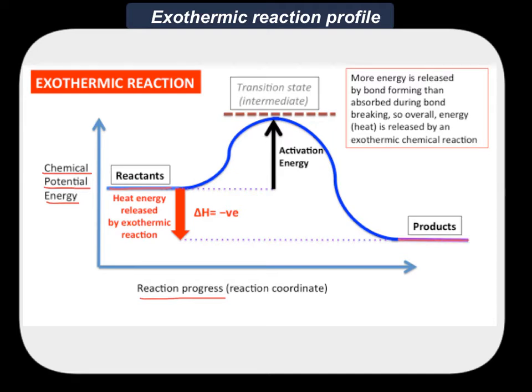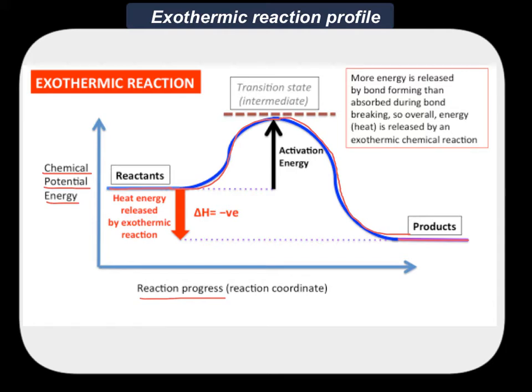We're noticing first of all that in an exothermic reaction, the reactants have a higher energy than the products do. Now if we follow the reaction progress, energy has got to be taken in to break all the bonds in the reactants. The atoms in the reactants rearrange themselves and form new bonds, and this gives out energy, and they form the products.